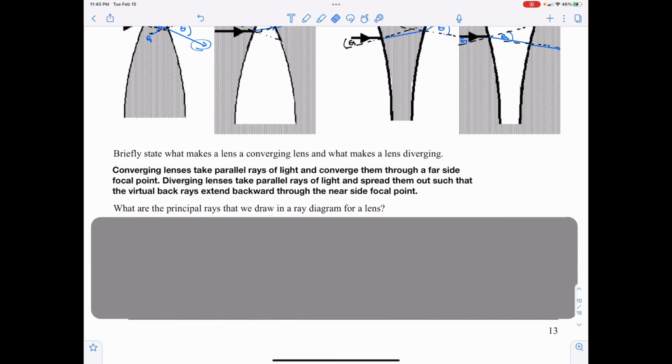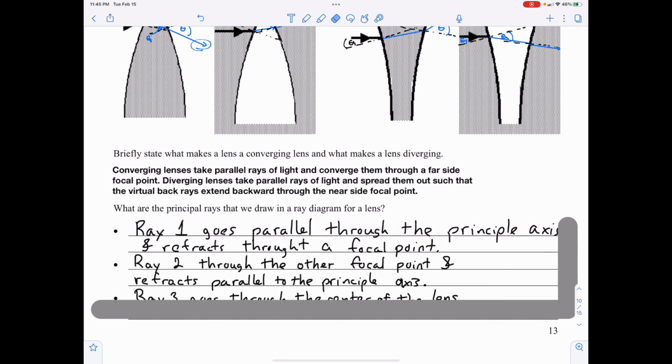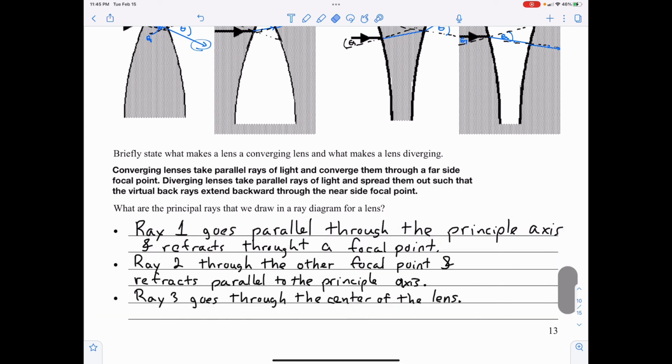What are the principal rays that we draw for a lens? Well, they're very similar to the rules for ray diagrams for mirrors. Ray 1 will go parallel to the principal axis. This time it's going to refract through a focal point.